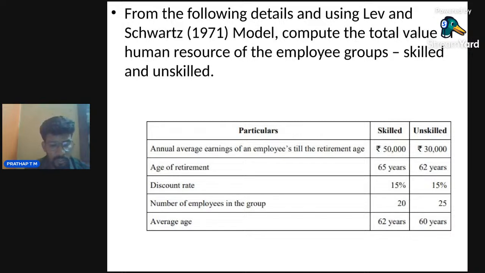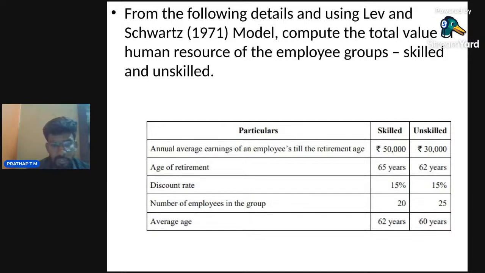What are the annual earnings? These are the annual earnings. Here we can make skilled and unskilled. Skilled is 50,000, right? Unskilled is 30,000. This is the information which they have given. Next, age of retirement.